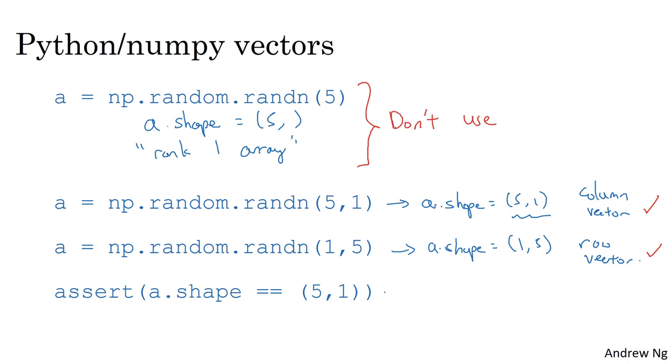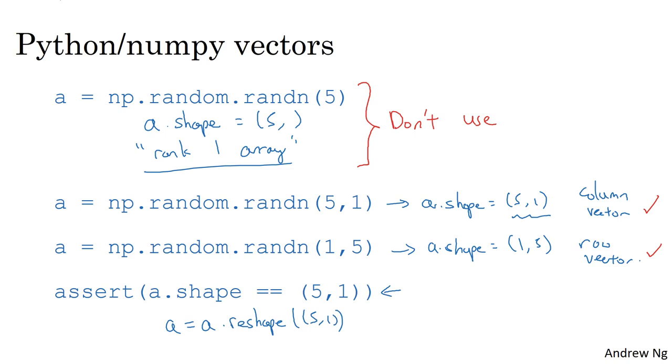So don't hesitate to throw in assertion statements like this whenever you feel like it. And then finally, if for some reason you do end up with a rank 1 array, you can reshape it, a equals a.reshape, into say a 5 by 1 array or a 1 by 5 array, so that it behaves more consistently as either a column vector or a row vector.